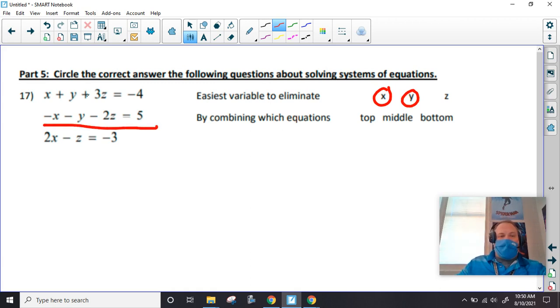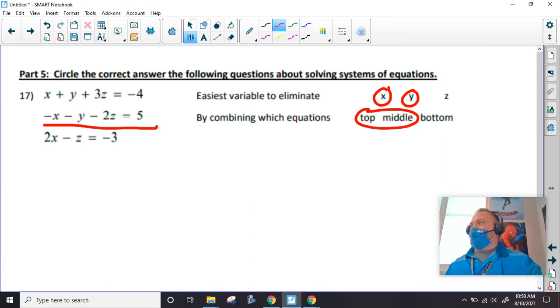If I combine the top and the middle, that's what I need to know. So if you would have said X and then top and middle, you would have got it right. If you would have said Y and top and middle, you would have also got it right. If you would have said Z and top and bottom, you would have got it wrong. We want the easiest fix.